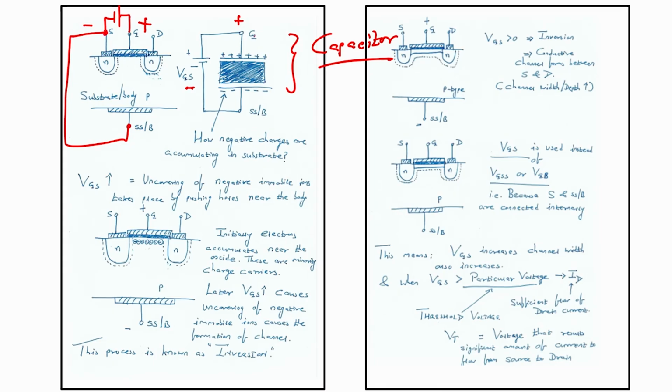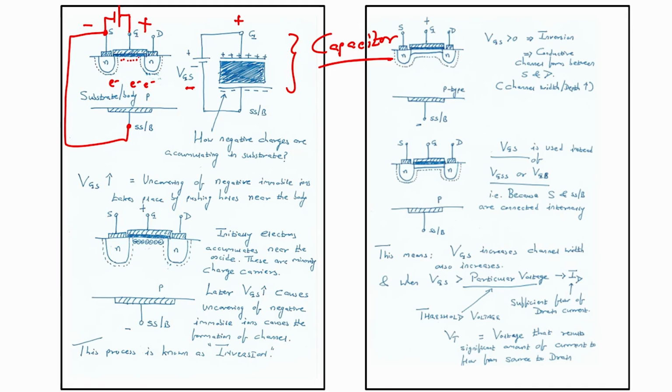In this case, this will be the connection in which there is a positive charge and a negative charge. How does it come here? When I apply a positive charge here, the minority carriers from the p type, which are electrons, will come towards the gate.